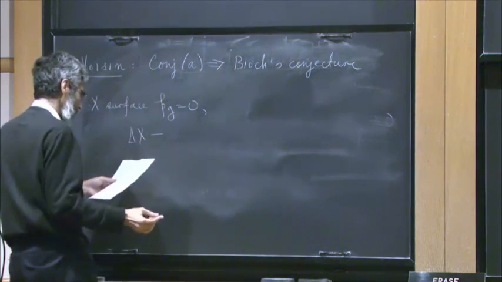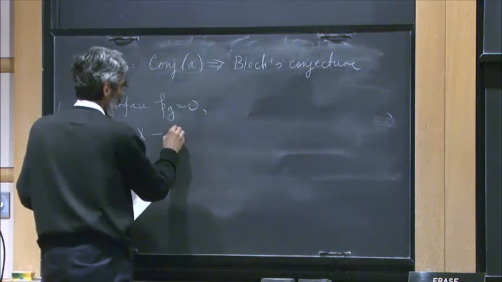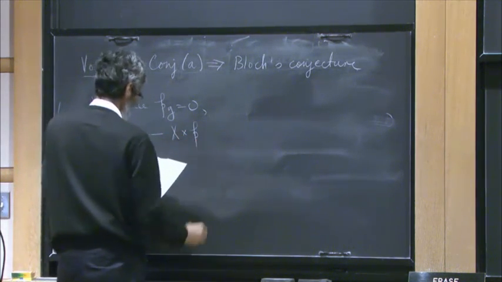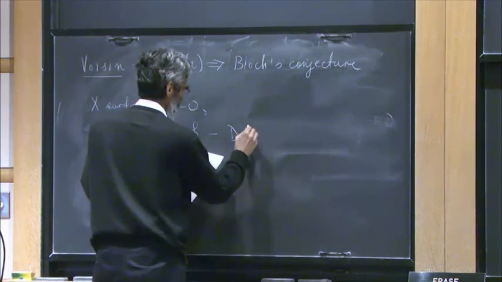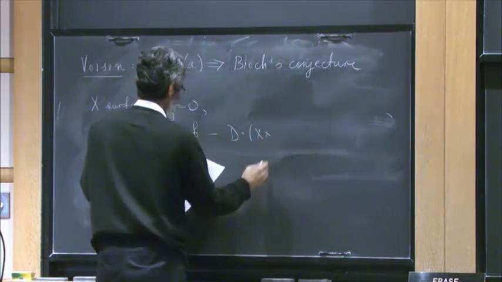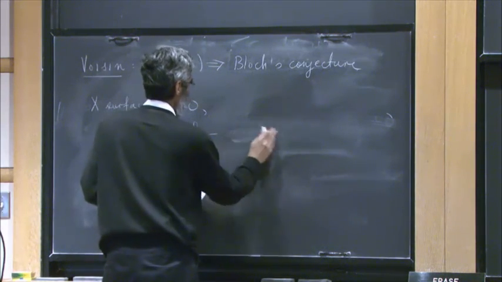I don't know whether I want to write it out. Well, minus X cross a point p minus d times X cross, but this is not even exactly correct.